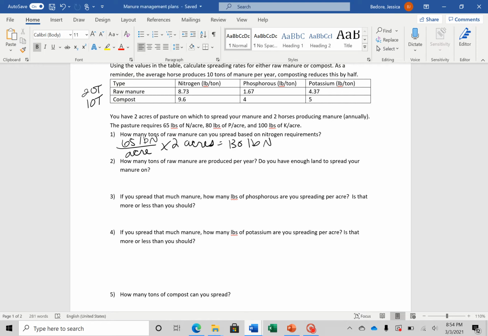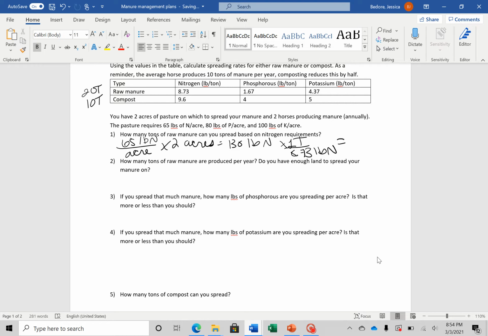Then we know that our raw manure has 8.73 pounds of nitrogen in every ton. So we need 130 pounds of nitrogen, and our raw manure in every 1 ton has 8.73 pounds of nitrogen.